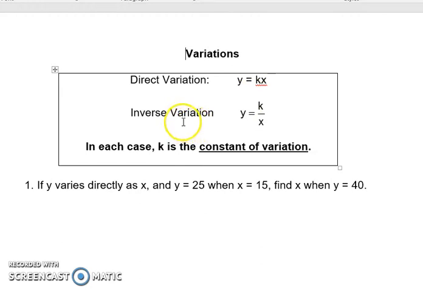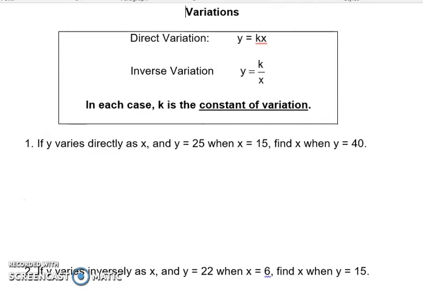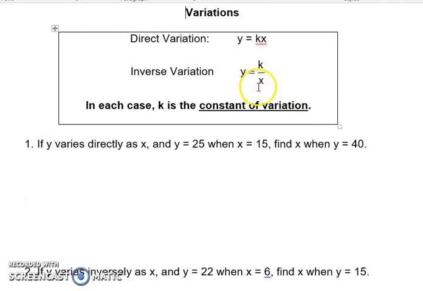Okay? Inverse variation. This is the equation we're going to use. So look at number 2. If y varies inversely as x, then we know to use the second equation. So let's look at these two examples, number 1 and number 2.